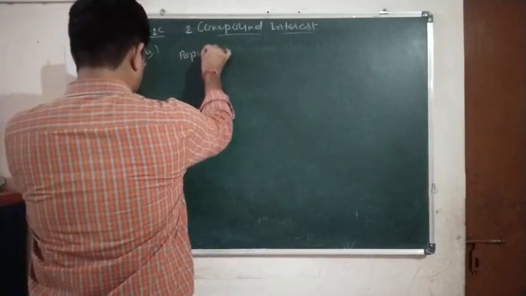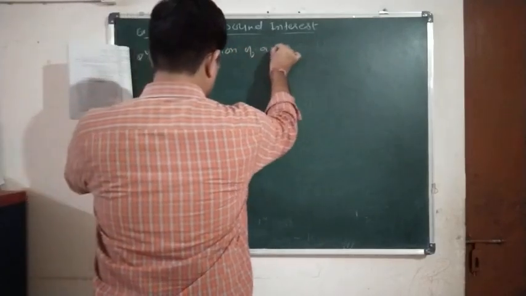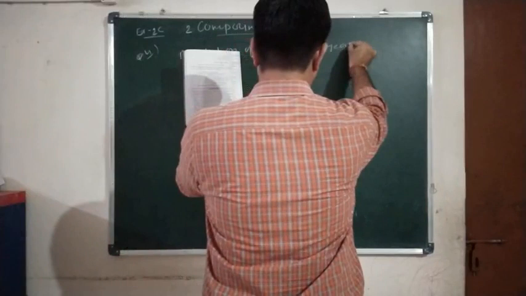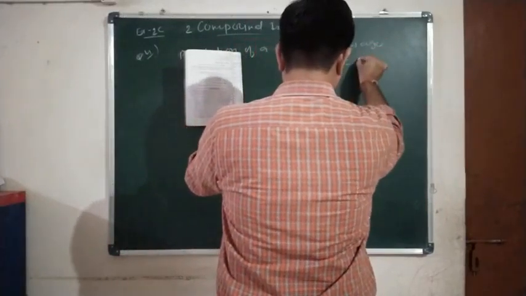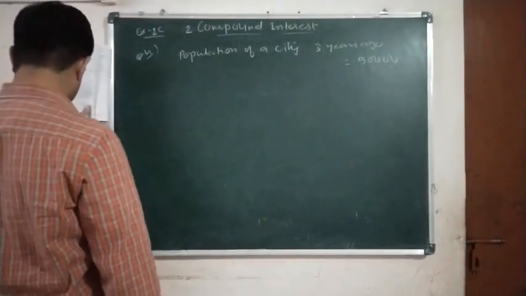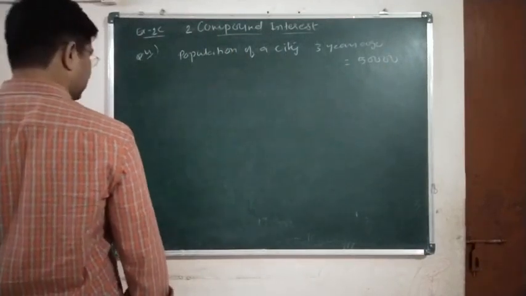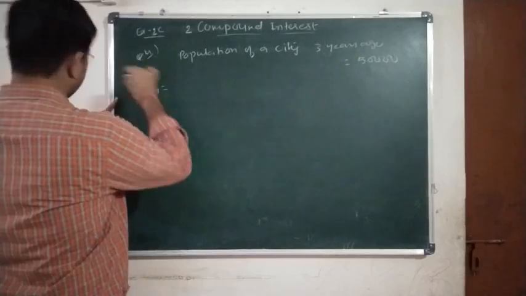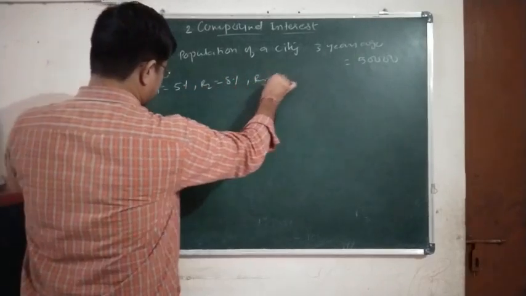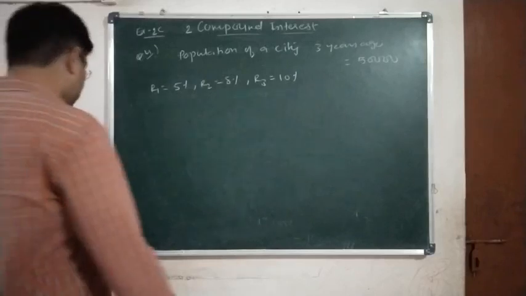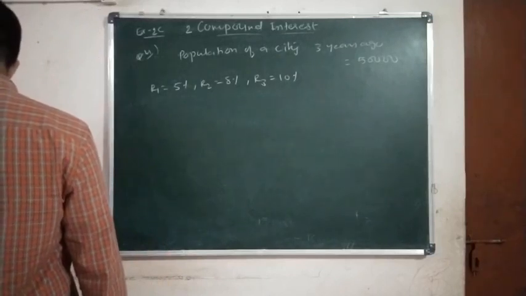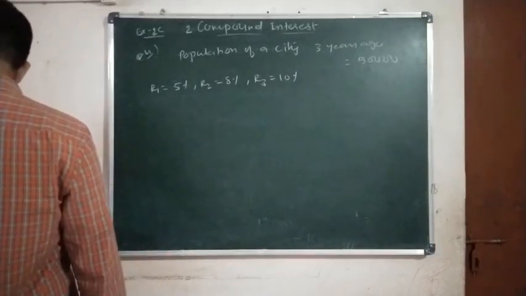The annual increase during the 3 successive years is 5%, 8% and 10%. So you are given the increase rates R1 5%, R2 8% and R3 10% for 3 successive years. We have to find the present population.